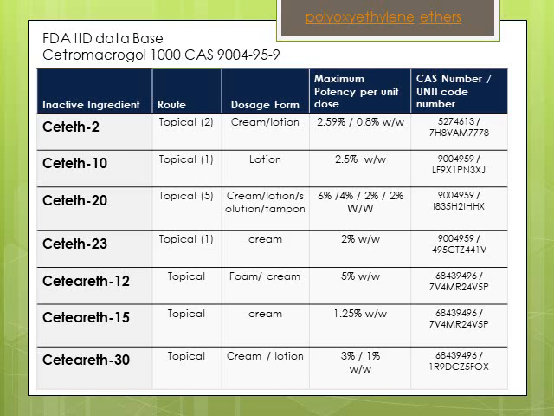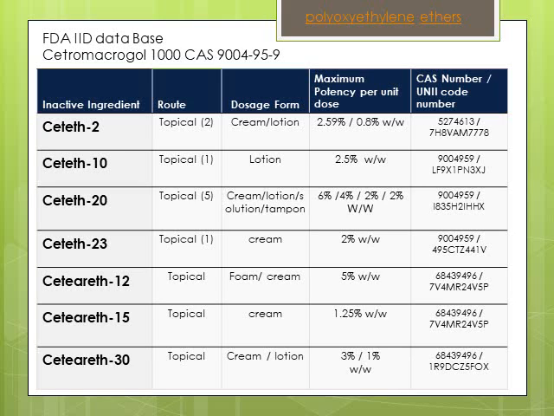In the FDA IID database, there are 7 entries for Ceteth and ceteareth type excipients. So we have Ceteth 2, Ceteth 10, Ceteth 20, Ceteth 23, and we have ceteareth 12, 15, and 30.